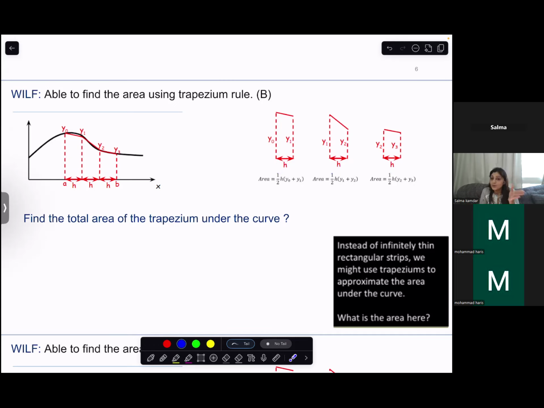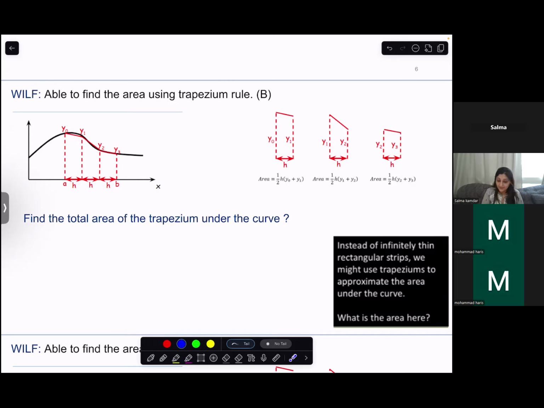The height is almost the same. Is that the case for each and every example? Yes. If you are using the trapezium rule formula, your heights should be the same. The height of each strip should be the same.